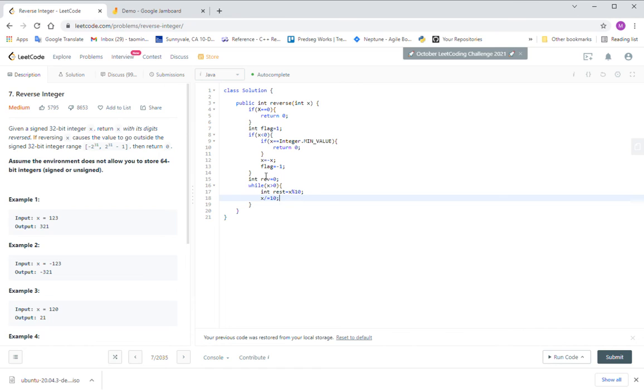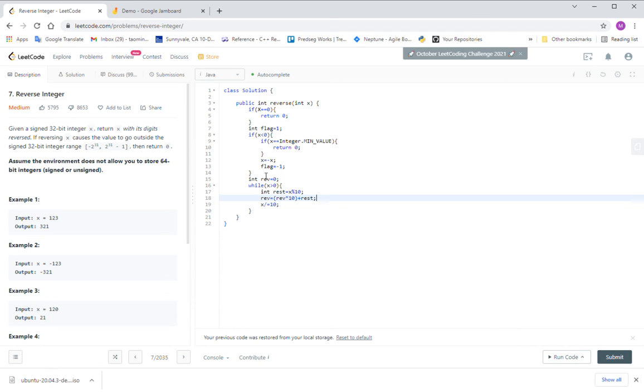And how to handle this one? So value equals value times 10 and plus the remainder, right?